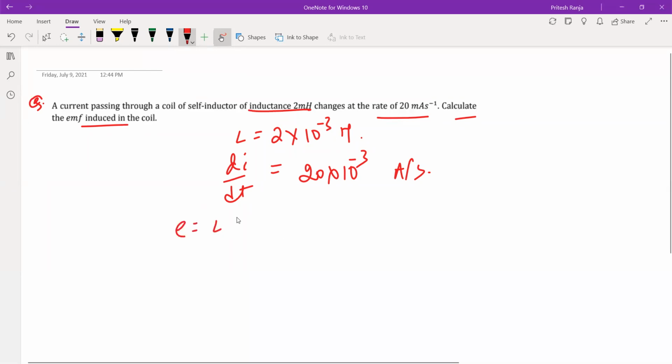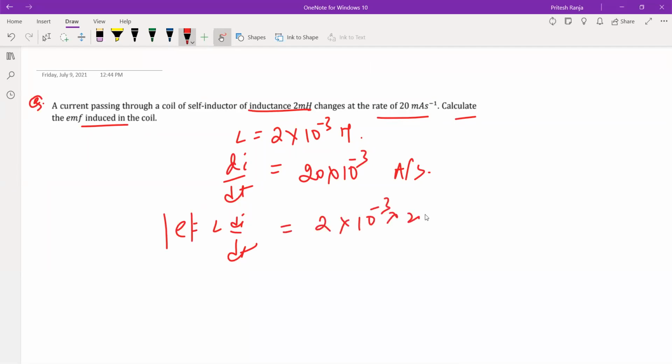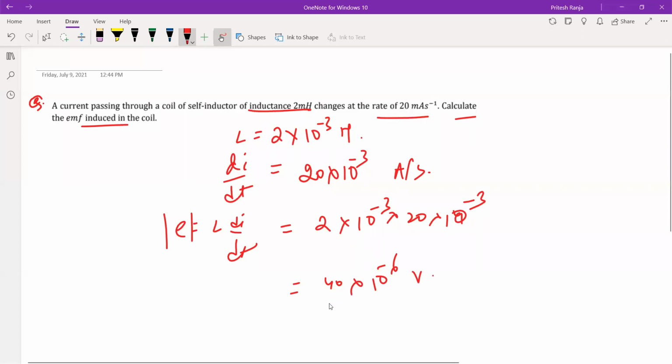So EMF will be L di by dt. That's the magnitude, so we will just multiply them. So 40 into 10 to the power minus 6 volt, right? EMF will be in terms of volt, or we can say 40 microvolt.